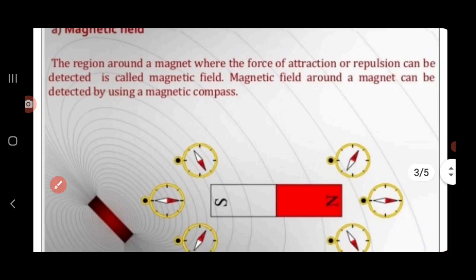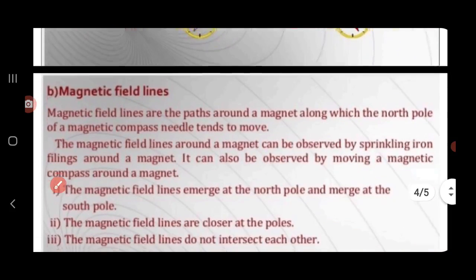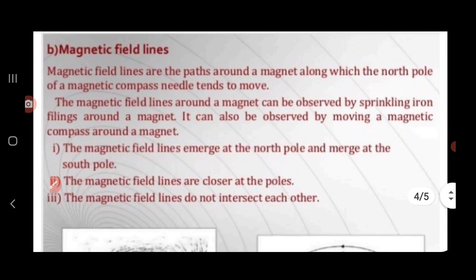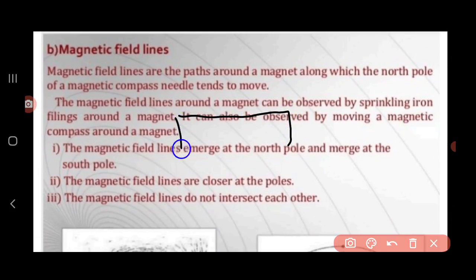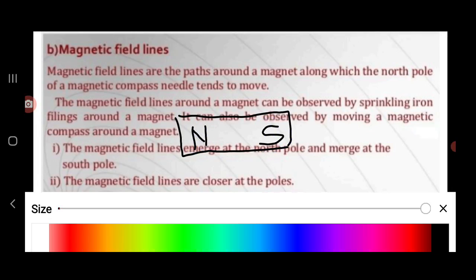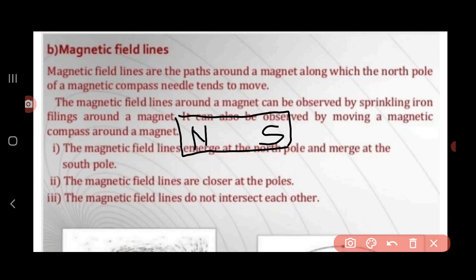Imaginary lines originate from the North Pole and they end at the South Pole, and these imaginary lines are called magnetic lines of force, right? So, magnetic lines of force originate from the North Pole and end at the South Pole.